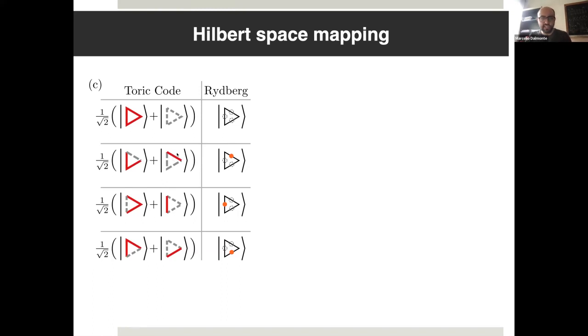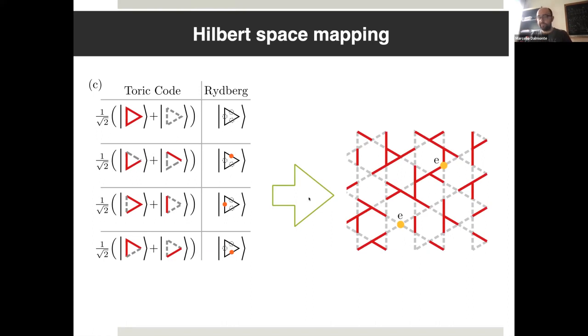We essentially flip only the spin on the bond where the Rydberg atom is in this mapping. And then we do the same for the other two states. This mapping is simple, it's one-to-one. And this way we have immediate access to all the possible states in the toric code.